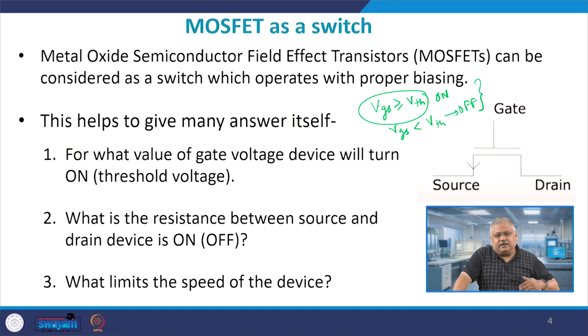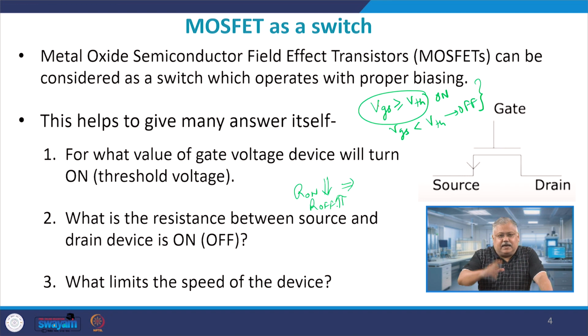So when the device is turned on, it primarily means that the inversion layer or a large channel layer between source and drain is formed, which effectively means that the resistance offered between source and drain is very small. So your on resistance is very small when the device is in the on state, and off resistance is relatively large in that case.